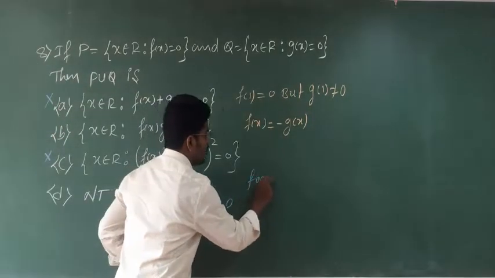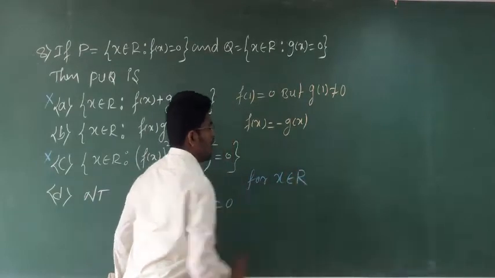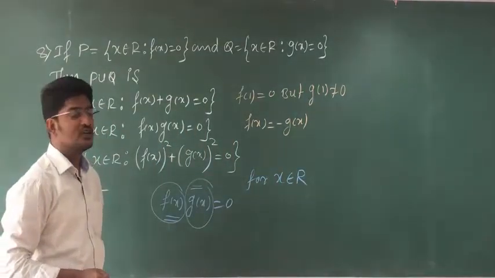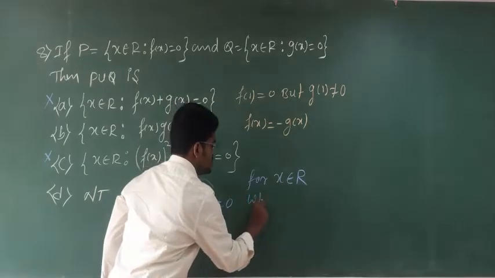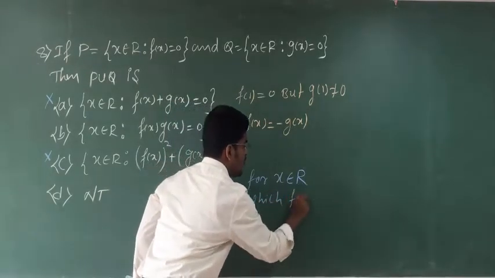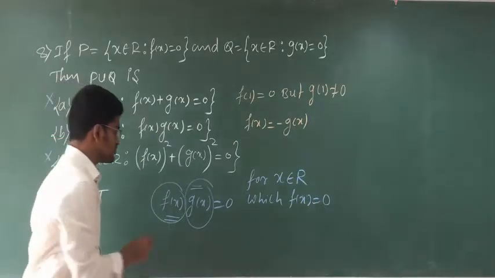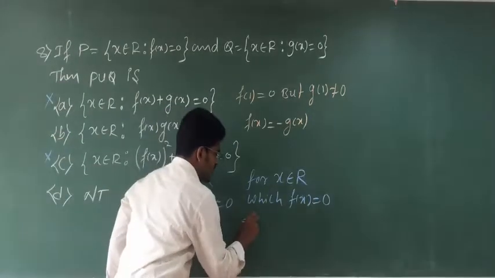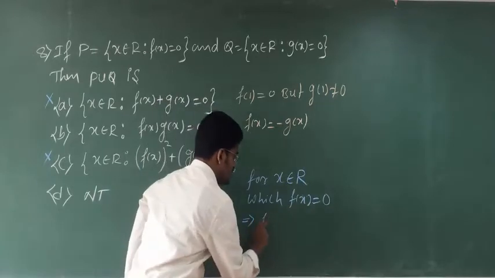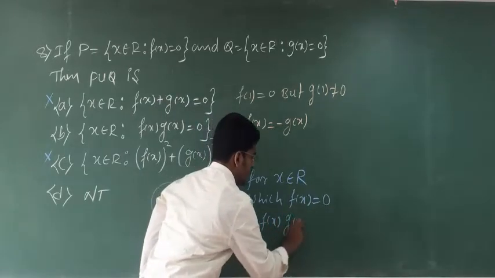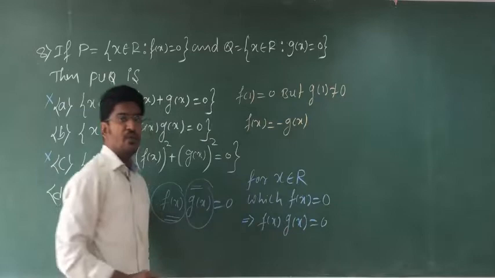For all x belongs to R, which f of x is equal to 0, implies f of x into g of x is equal to 0.